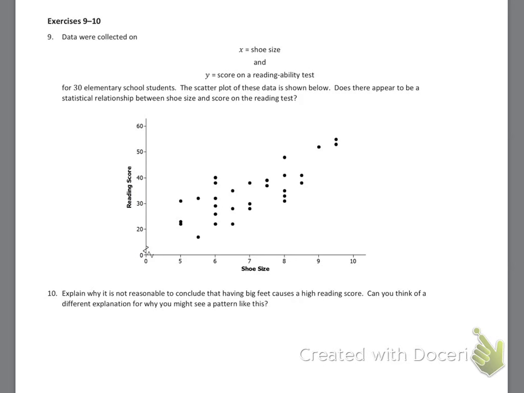But hopefully you've seen in this lesson that scatter plots are a really useful way of looking at data and being able to visually see a trend. Whereas if all you have is a table of values, sometimes it's hard to sort it out. The visual of a scatter plot can really help us.